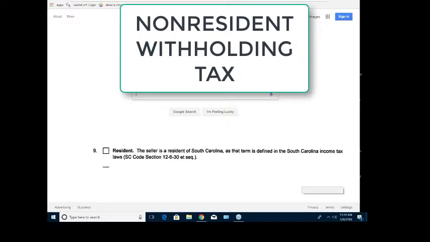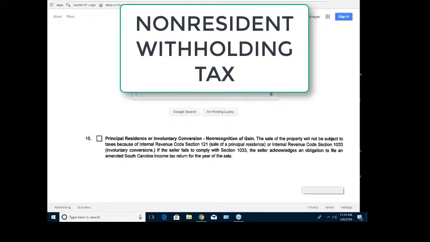So the first one is easy, and this is the one that's probably getting checked at most closings. They're saying they're a South Carolina resident filing South Carolina tax returns. So that's going to give them an easy out. That gets checked at closing, gets signed, and nobody ever worries about this again. The next easiest box to check is under number 15. 15 basically is, this is my primary residence.